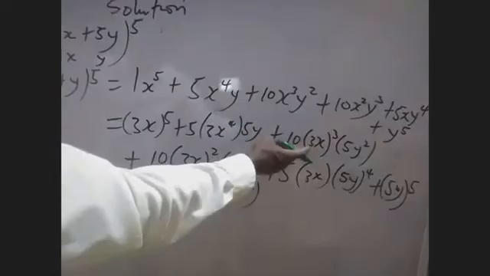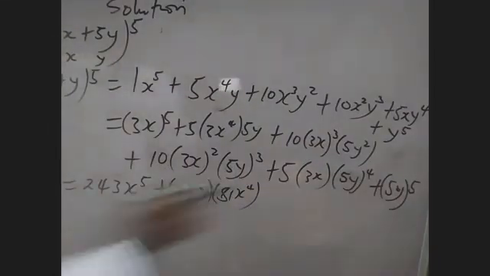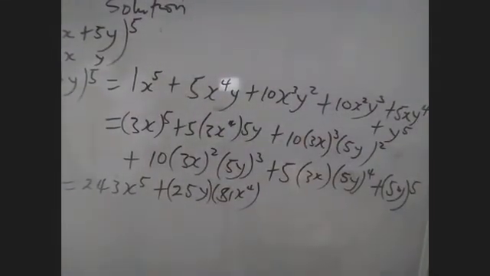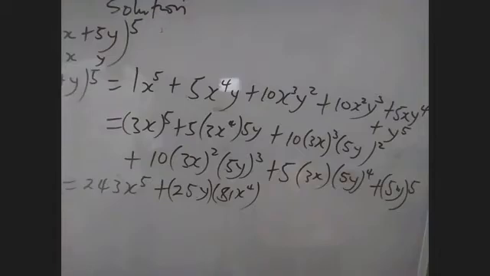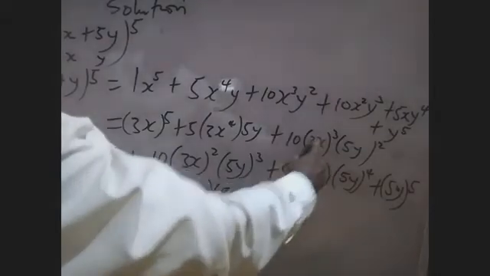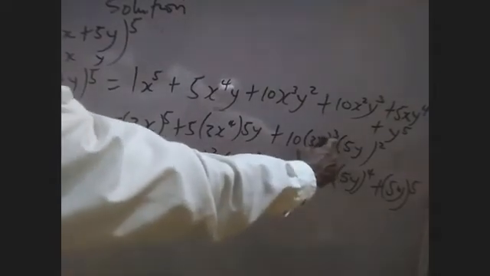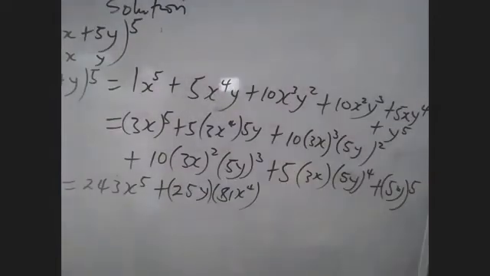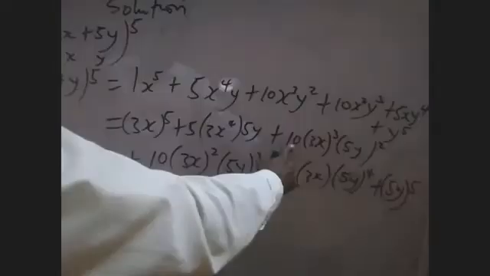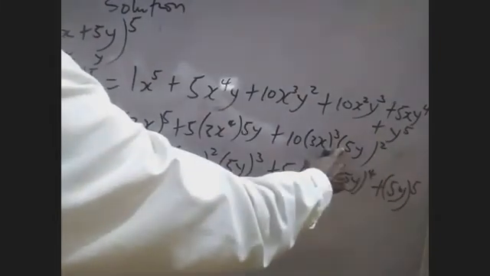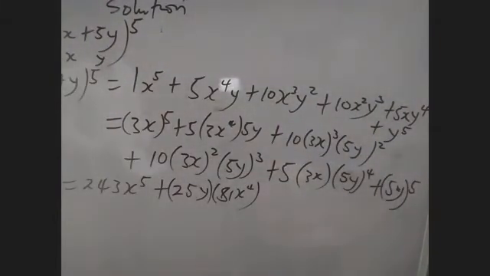Then when we come here, you have 25 times 27, that's 3 raised to the power of 3 is 27. 27 times 10 is 270.